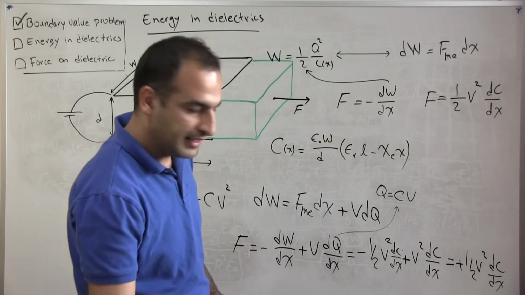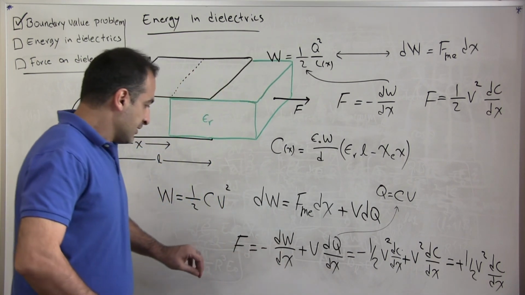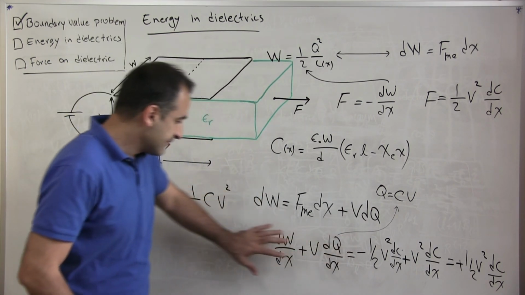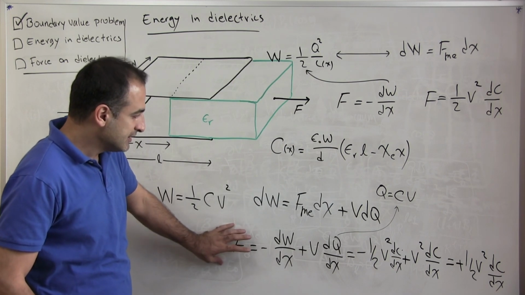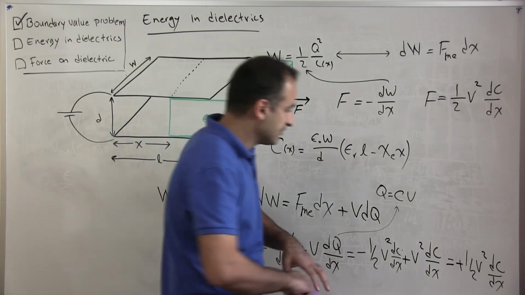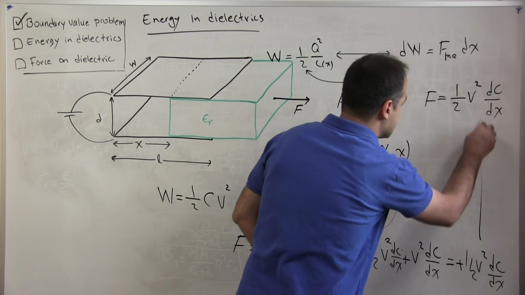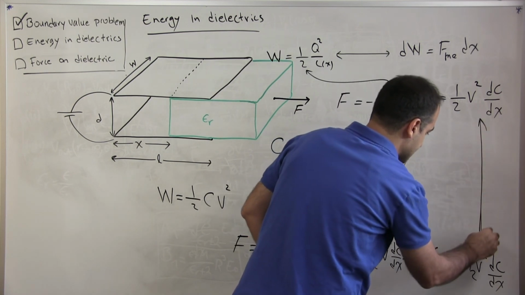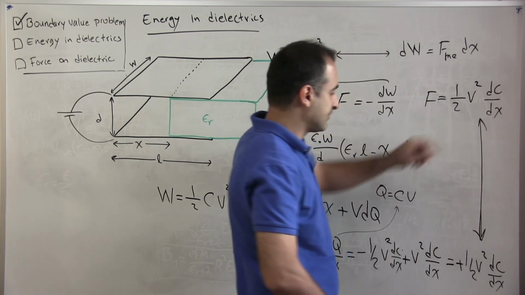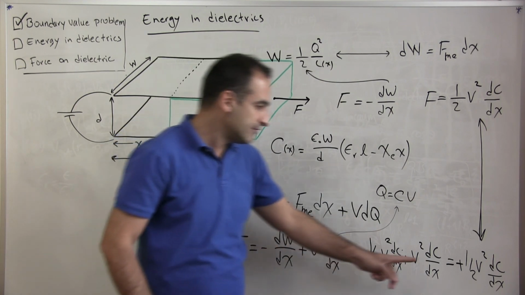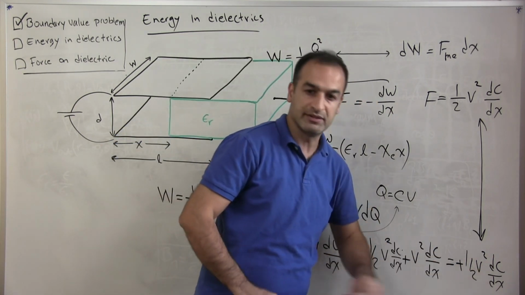Once the correct conservation of energy equation is written, we get the force becoming exactly similar to what we expected, and exactly similar to what we found from the other approach: positive 1/2 V squared dC over dx.